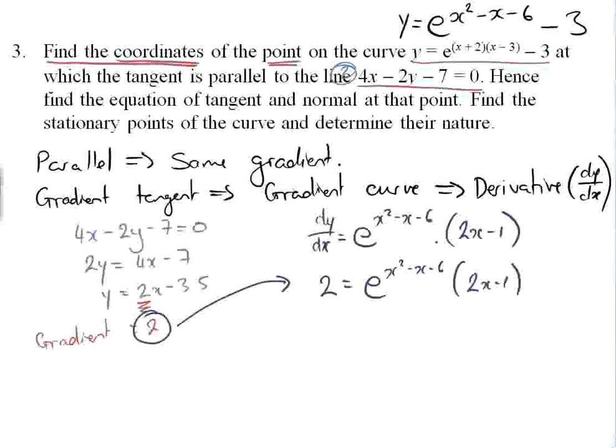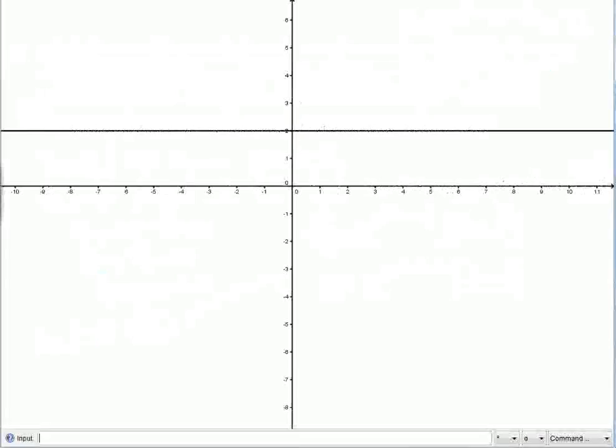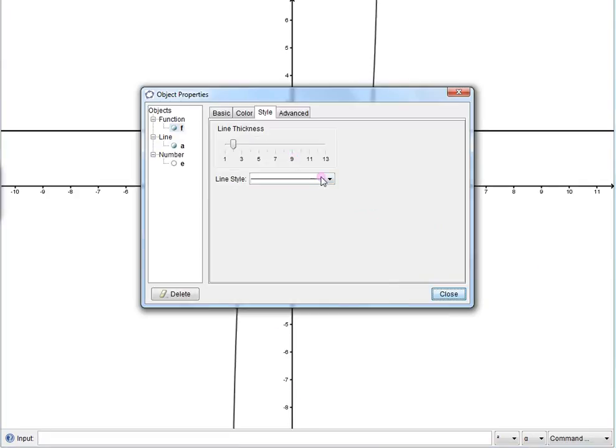My other curve, if you recall, was e to the x squared minus x minus 6, all times 2x minus 1. So y equals e to the power of x squared minus x minus 6, all times 2x minus 1. It looks something like this.